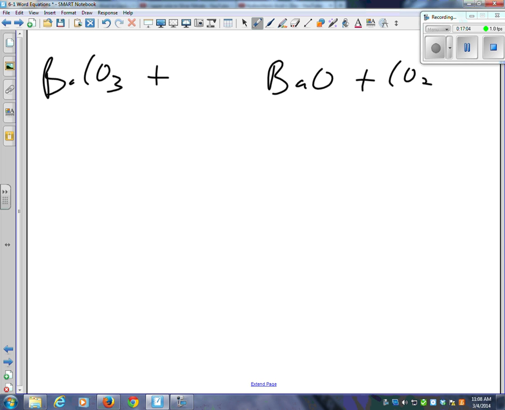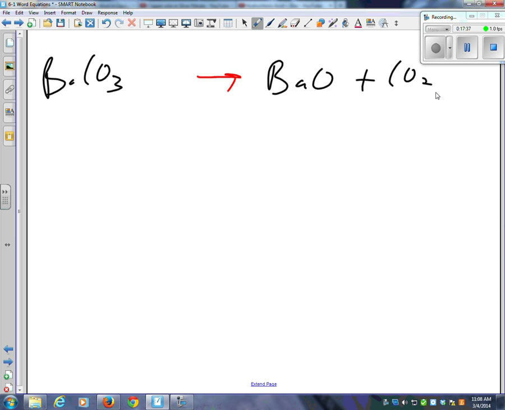Is it reacting with anything? Page 219. Question 3, part B. Stay with me, please. BaCO3 is heated. Is it reacting with anything? And the answer to that is no. It's not reacting with anything. What are the reactants? BaCO3. The products, BaO and CO2. You have to write the word equation.